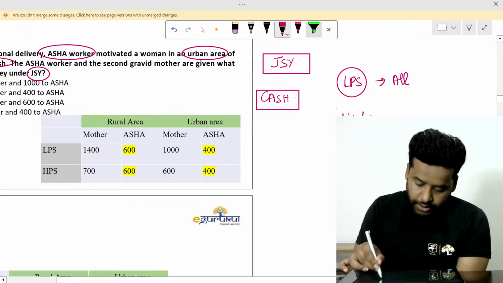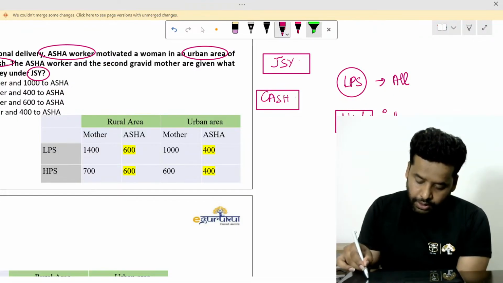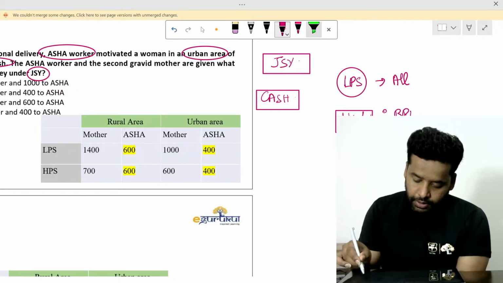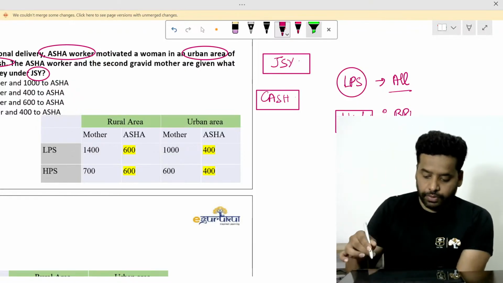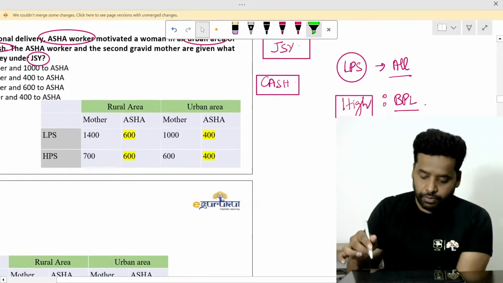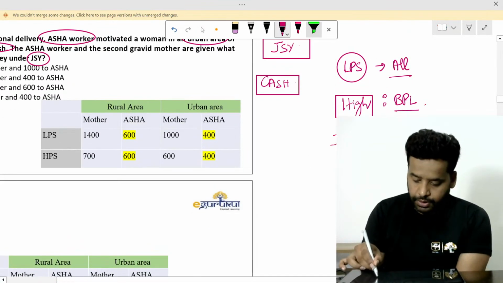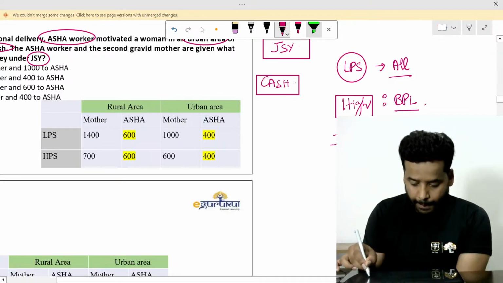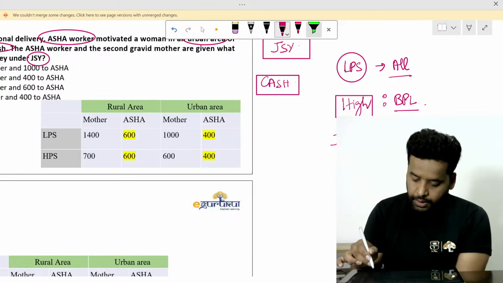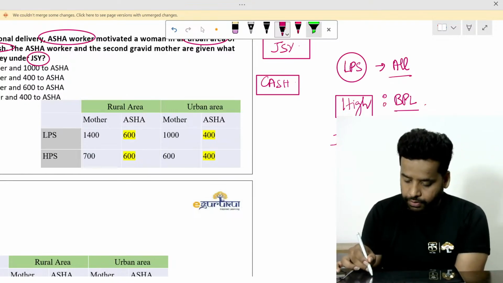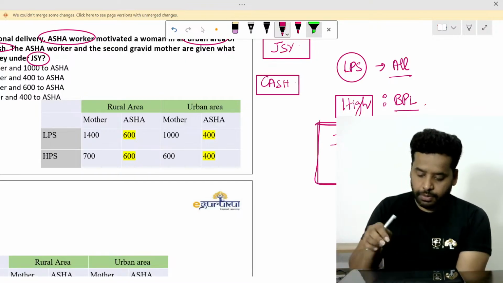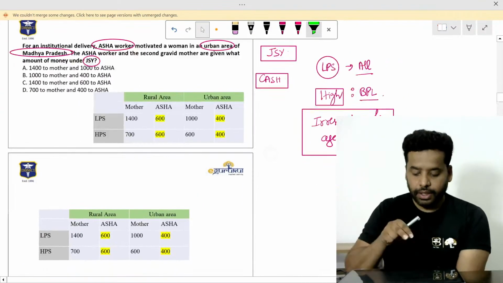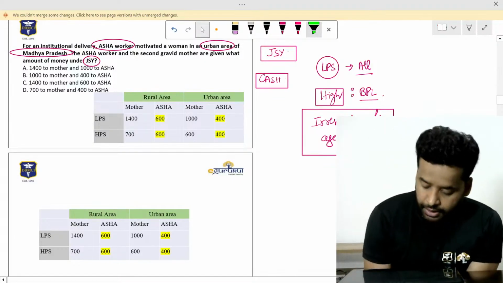As of now, it is irrespective of two things: irrespective of age and irrespective of parity. Cash is given irrespective of age and parity. So remember these two points, age and parity.